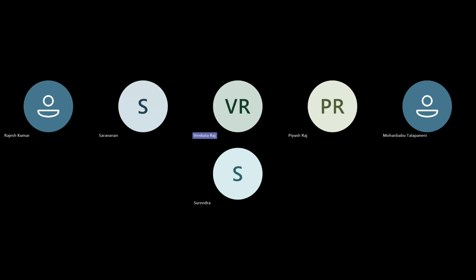Concurrent means, let's say there is one transaction, a flight booking application. If I say 10 concurrent users, 10 concurrent users are using the application to book the flight.